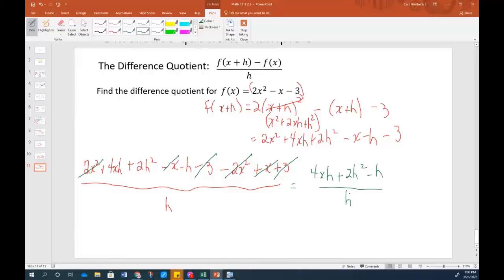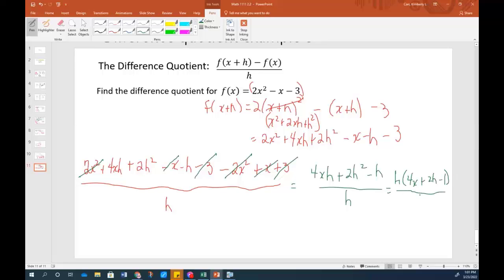Now you could right now just divide into each one of those, or we can factor the h out of the numerator. They're both going to give you the same answer, but just so you can see what's going on, I'm going to do h. And then if I take an h out of these 3 terms, what is left? I'm left with 4x plus 2h minus 1.